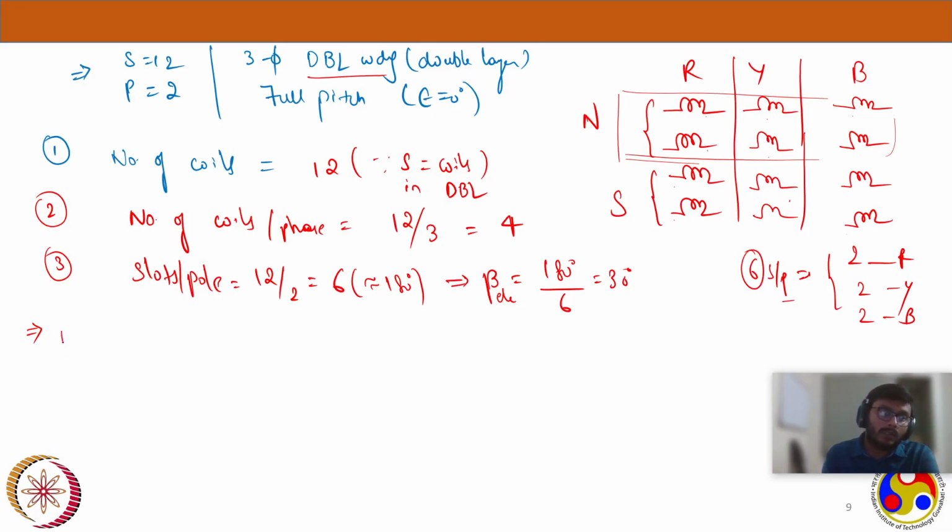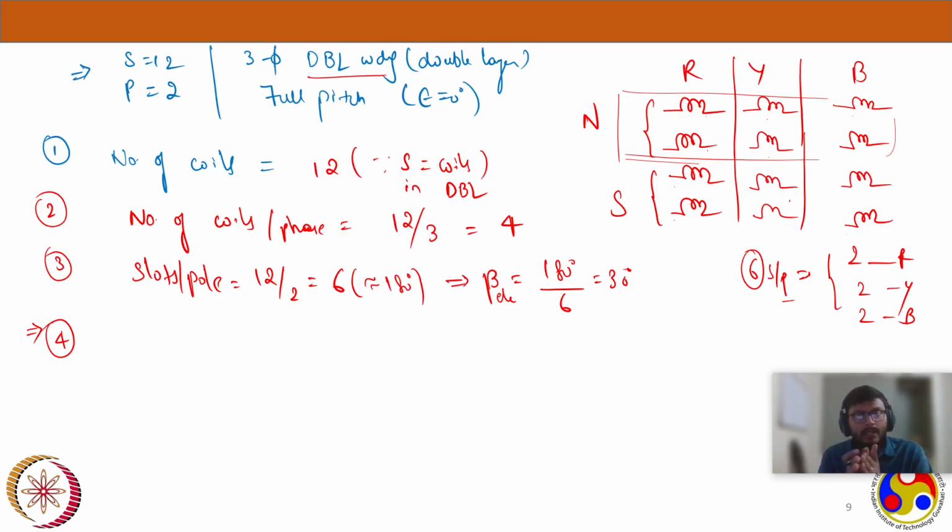Now my question is, R phase, Y phase, and B phase windings are exactly similar. That we know. It's just, what is the angle displacement between each phase? Balanced 3 phase, 120 degrees. Exactly. So R and Y see the same kind of field.